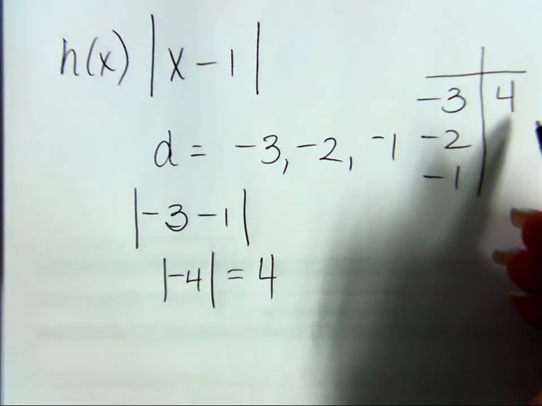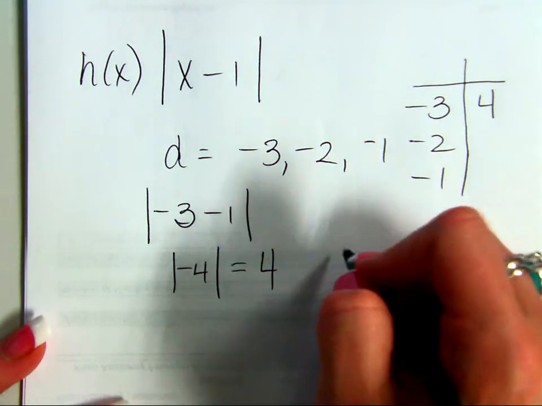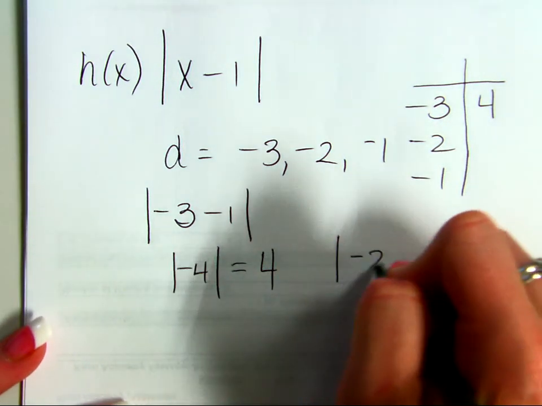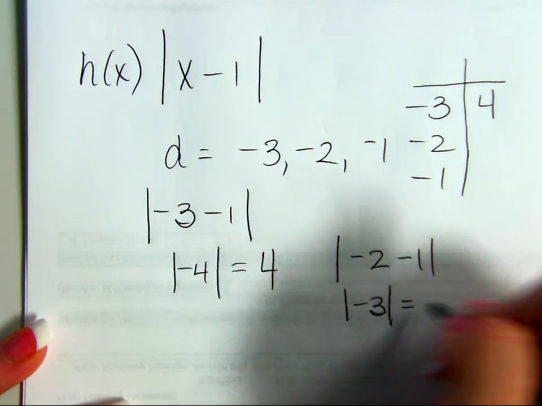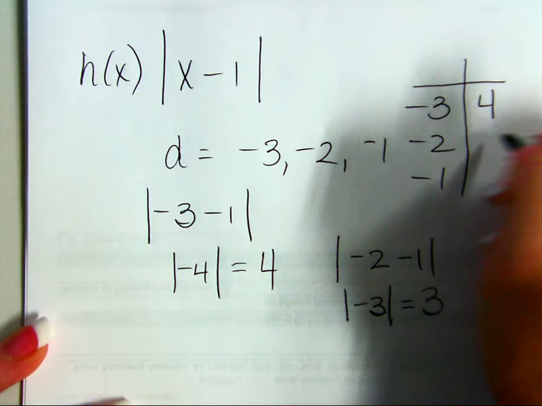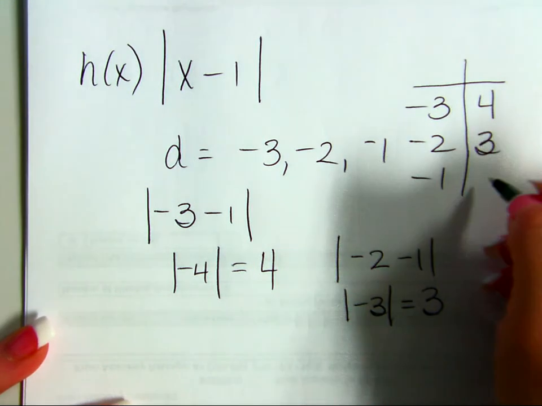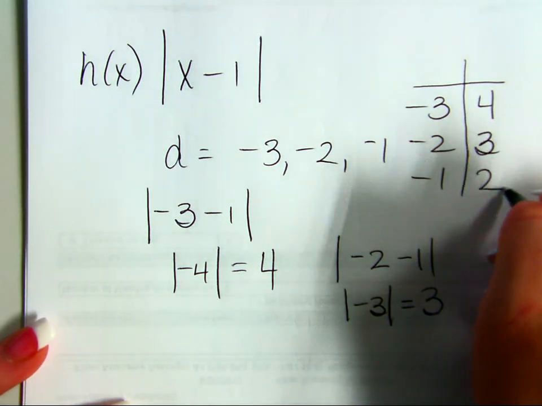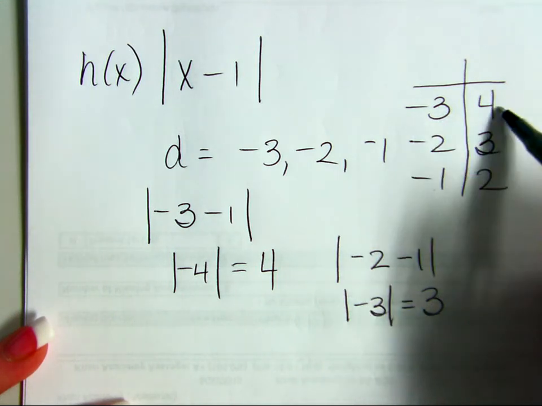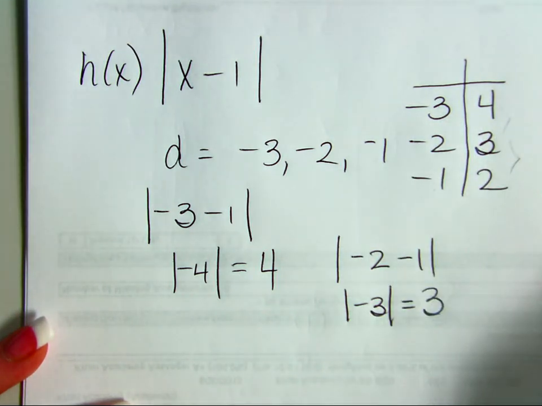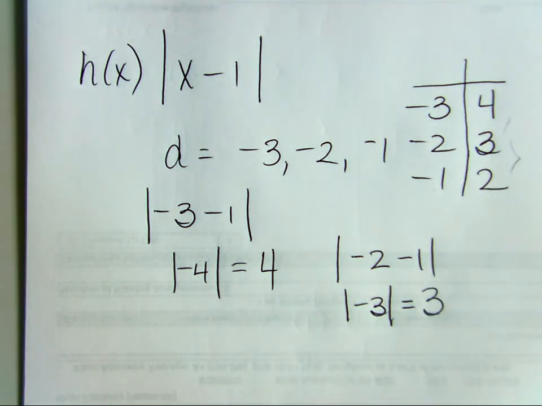Got it? So then obviously -2 minus 1 is -3, and the absolute value of -3 is +3, which means this will probably be what? 2, okay? Because as long as this is going up or down at a constant rate, you can use this difference. So now when I go to graph it, I have to be aware of what my domain can be. I can only have 3 numbers be my domain.